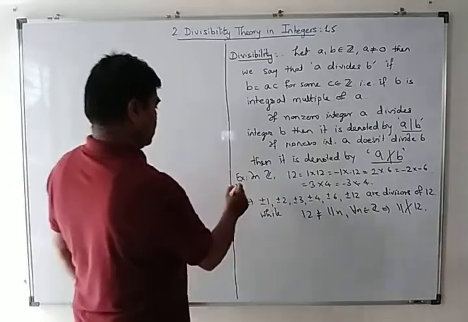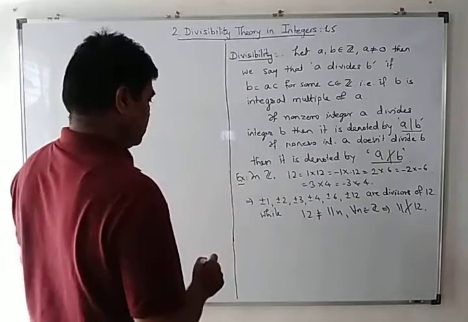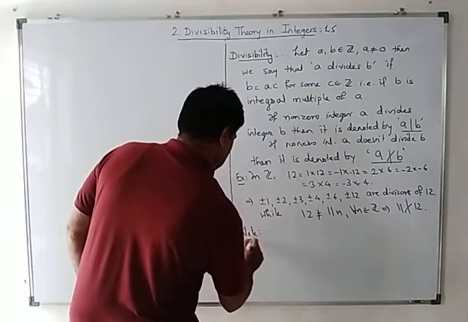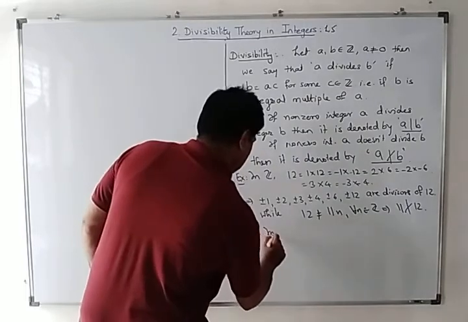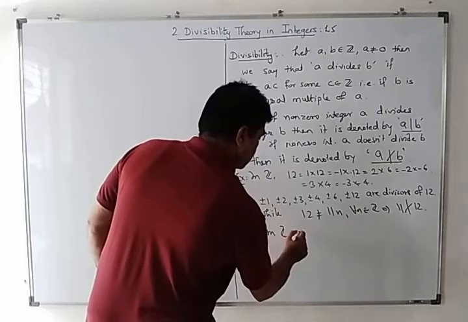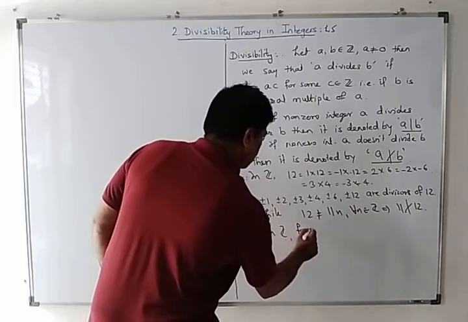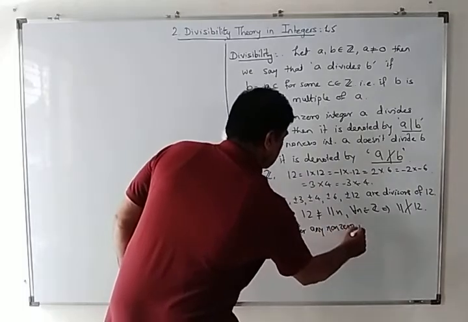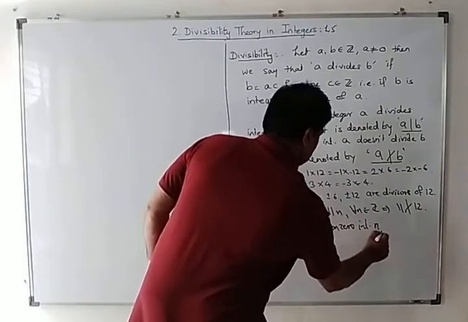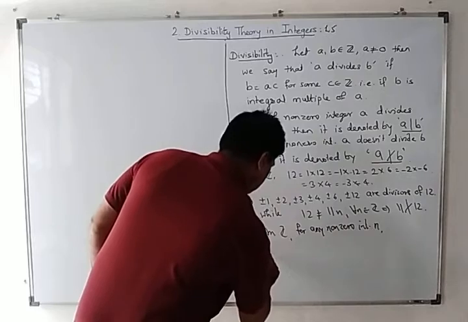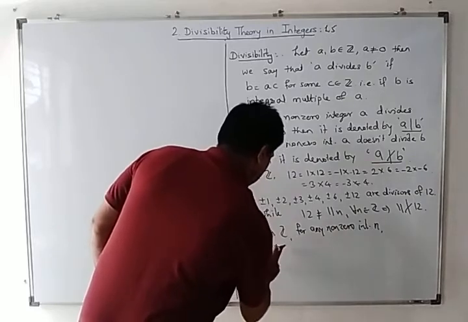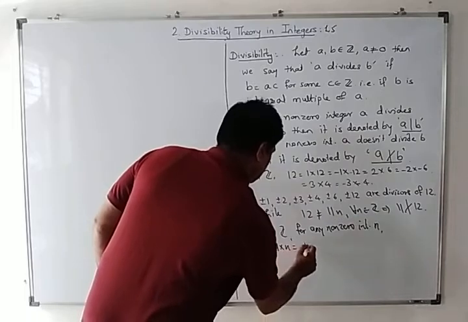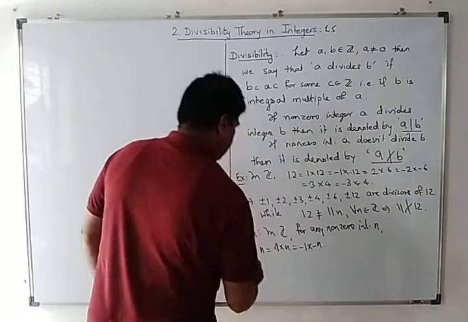Note: in Z, for any non-zero integer n, n is equal to plus 1 into n, which is equal to minus 1 into minus n.